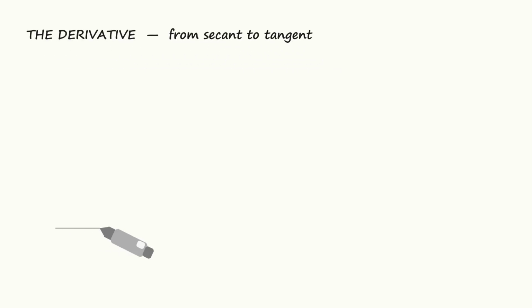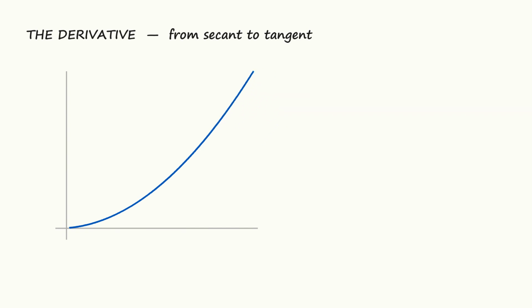Picture any curve. Y equals f of x. Forget formulas for a moment. Just look at the shape. Drop 2 points onto it. P, at x, comma, f of x, and Q, a small distance h further along, at x plus h, comma, f of x plus h.